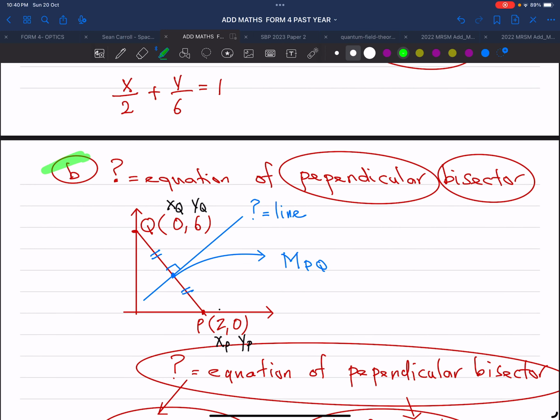I have drawn back the line PQ with the coordinate P 2, 0, coordinate Q 0, 6. First of all, draw the line perpendicular bisector. Perpendicular means the blue line, it must be 90 degrees over here. This is 90 degrees, the angle.